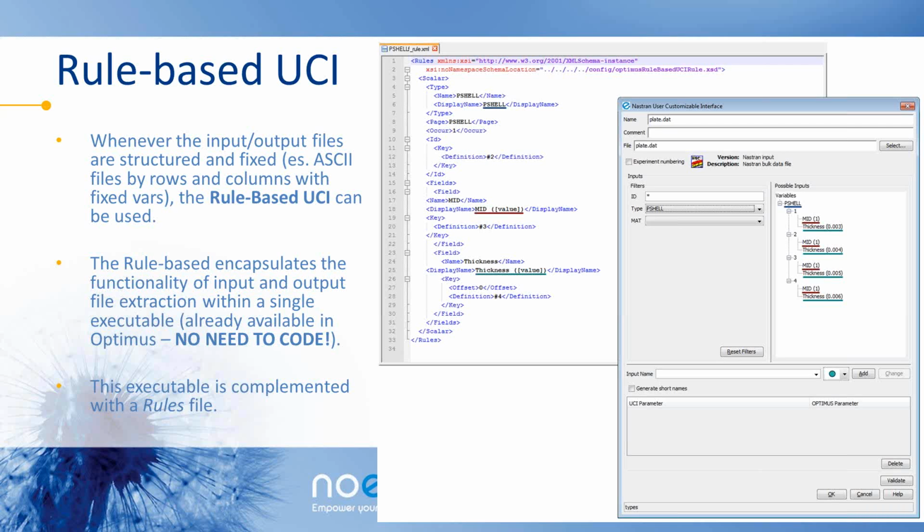Then in that case you don't need to code, you just have to specify the rules of extraction in your XML file, and in your graphical user interface you will see the list of displacement on the right hand. So this is what we call rule-based. It's very handy. Of course, it's limited to some specific cases, but it's very handy because you don't need to code a single line of program.